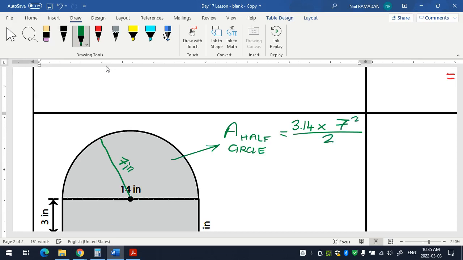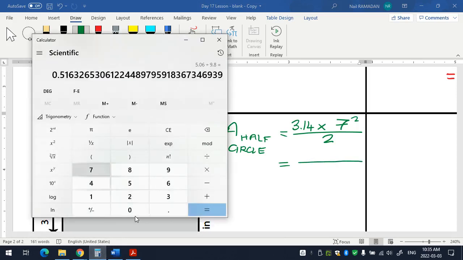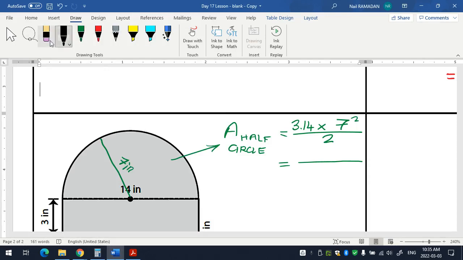Divide by 2. All right? What would that be? Well, in one shot, 7 squared, everyone, is 49 times 3.14 divided by 2. 76.93. Just do it in one shot.